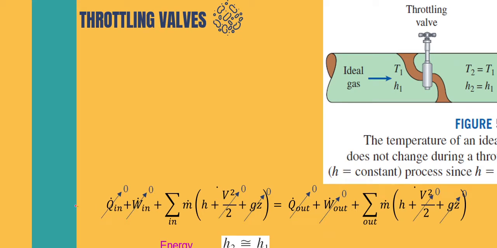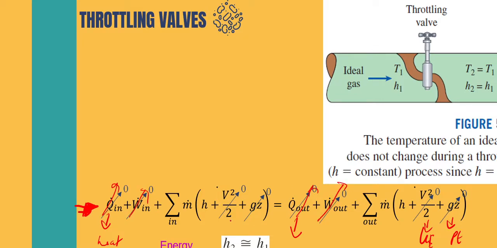So always start with the general energy balance for steady flow operation. For a throttling valve, usually there is no change in kinetic energy or potential energy, and there is no heat transfer, so you can remove the Q term. And then there is no work done or work produced in throttling devices.